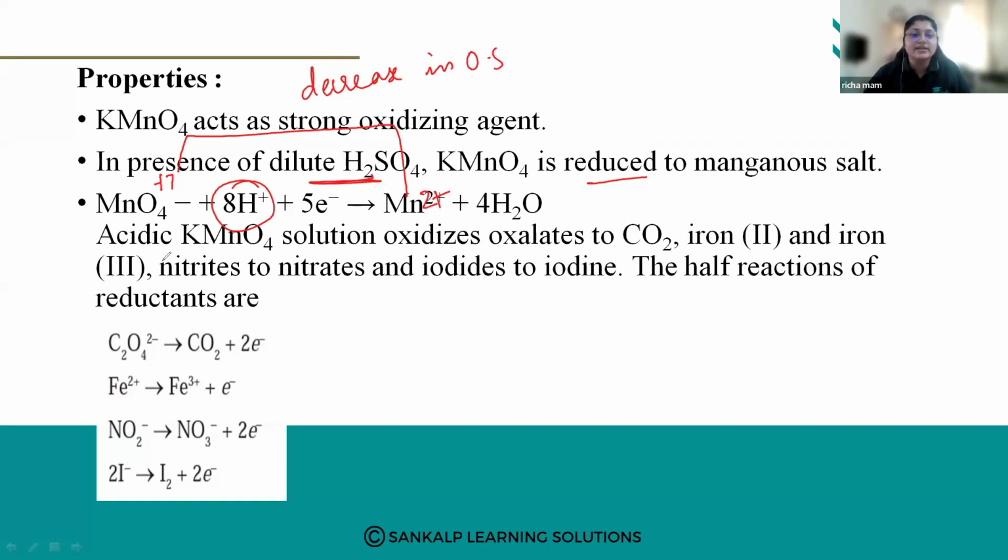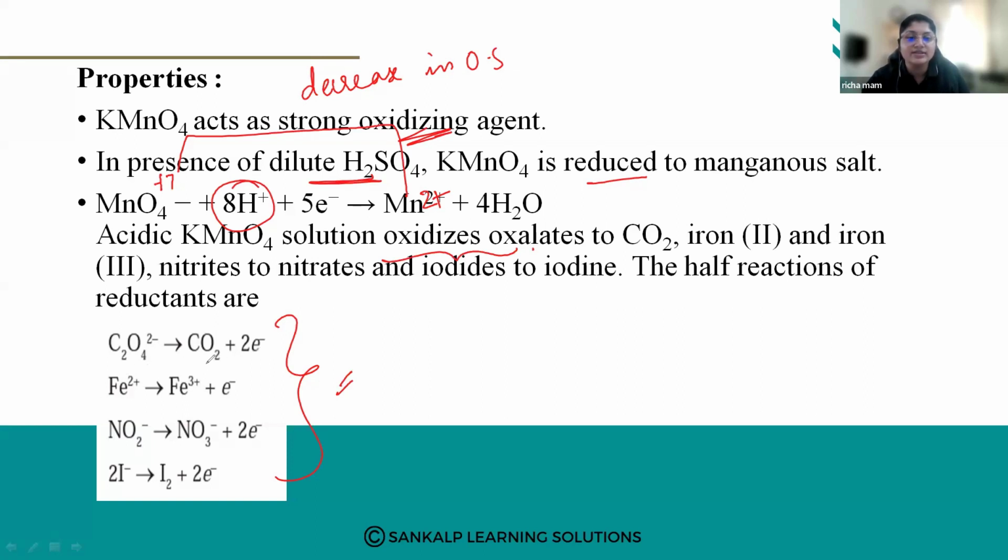This acidic KMnO4 will oxidize oxalate to carbon dioxide, iron(II) to iron(III), nitrites to nitrates, and iodides to iodine. So these are the reactants. Why is KMnO4 acting as an oxidizing agent? Because of these different reactions, wherein you can see how things are getting oxidized.